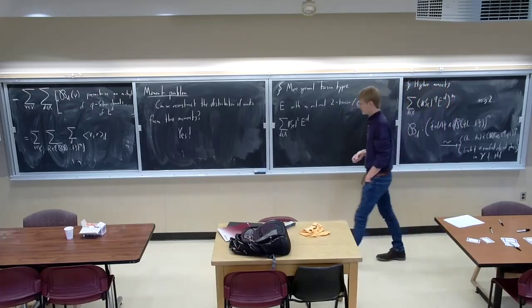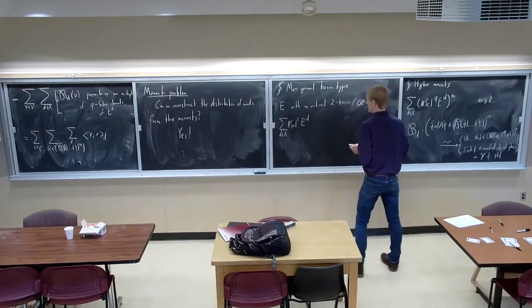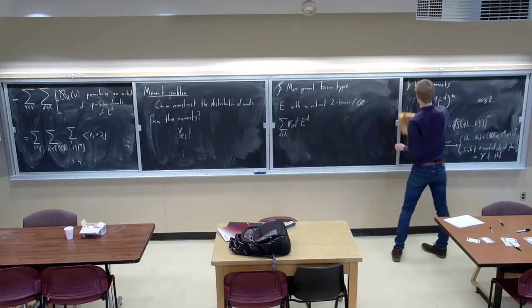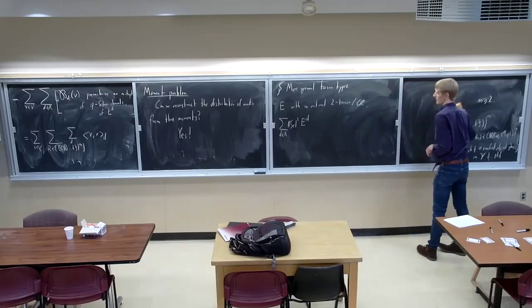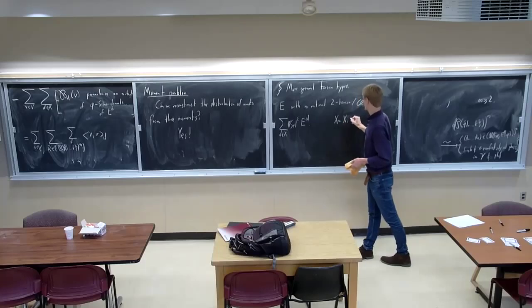And so the starting point here is to set up some sort of parameterization. Let me just say that X is equal to X1 up through Xk, as before.